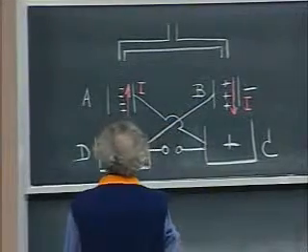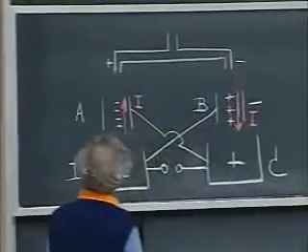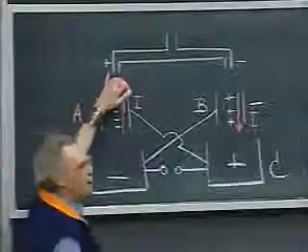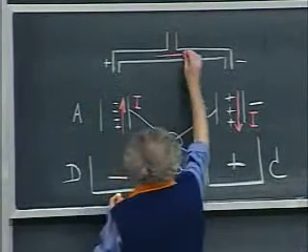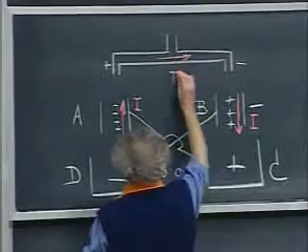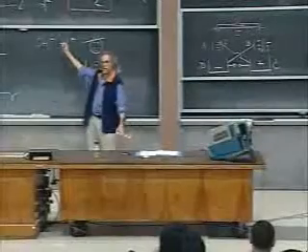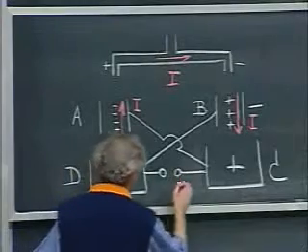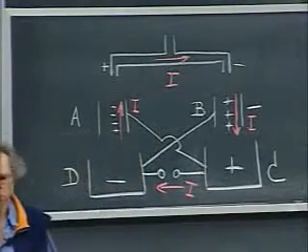This side of the spout here will be slightly positive, and this is slightly negative, because the H plus is more abundant here than there, and so we're going to get a current through the water in this direction. The current has a reasonable conductivity, because it's ionized 1 out of 10 to the 7 molecules. And so once in a while, if you see a spark here, then you get a current there, but that's intermittent, of course.